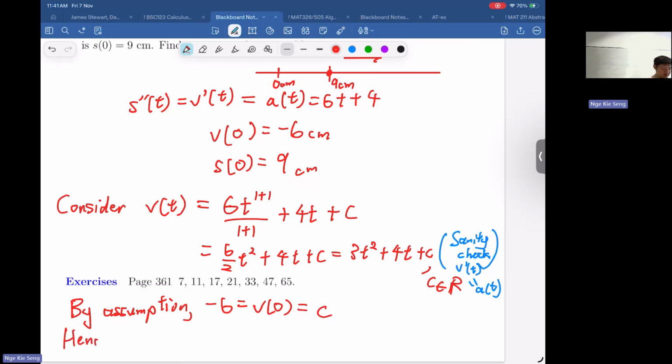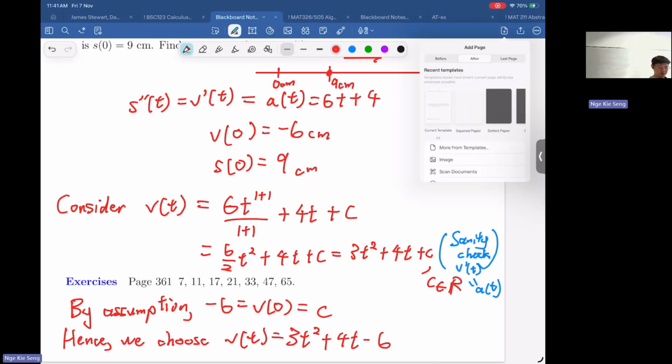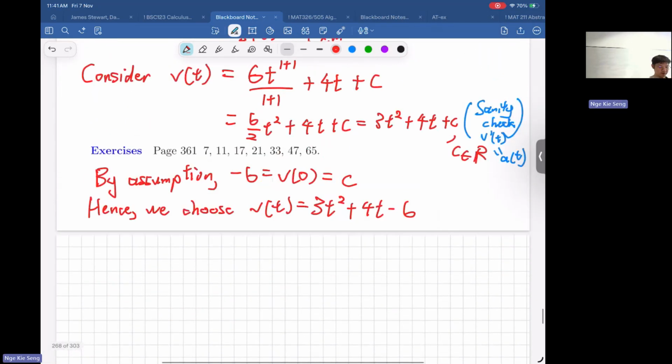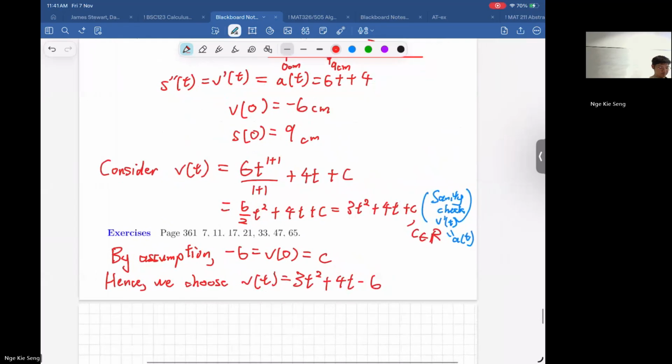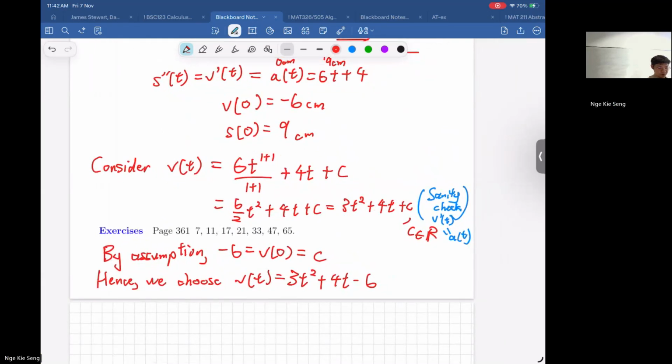Hence, we choose V(t) to be 3t squared plus 4t minus 6. Okay, then you continue. Okay, so to find x, how to find x?